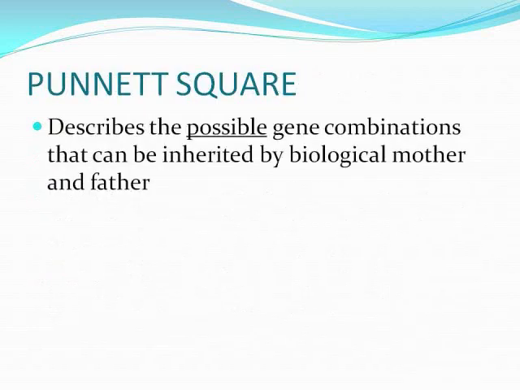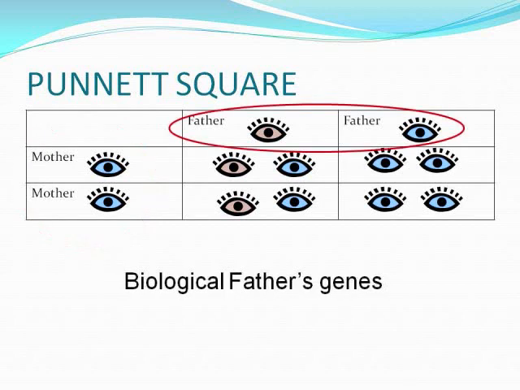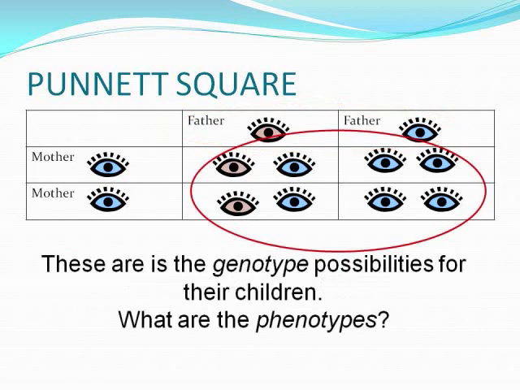Alright, let's look at the Punnett square. That's the way that describes the possible gene combinations that can be inherited by any given biological mother and father. Here's the one for eye color. In this case, the mother carries two genes for blue eyes. The father carries one gene for brown eyes and one for blue eyes.